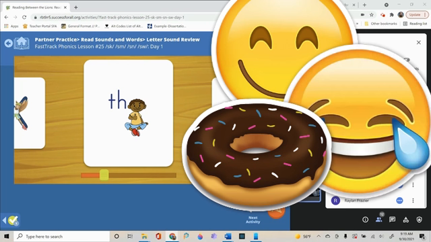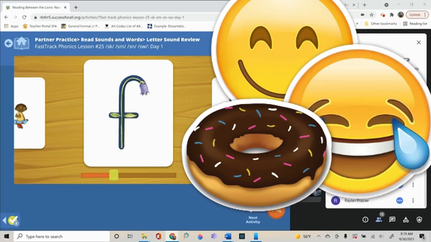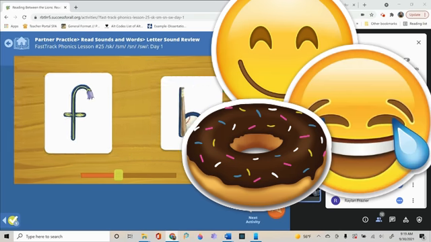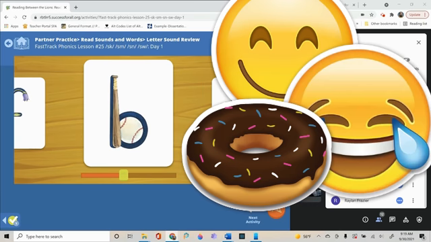The. Right? Good. What's this one? What's the letter? F. That's right. And what's the sound? Flower and F. Good.